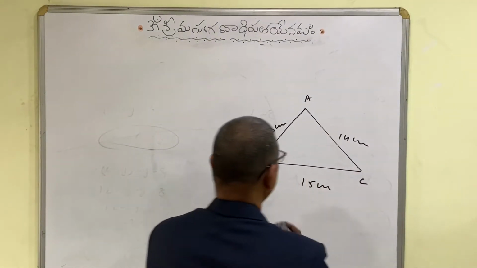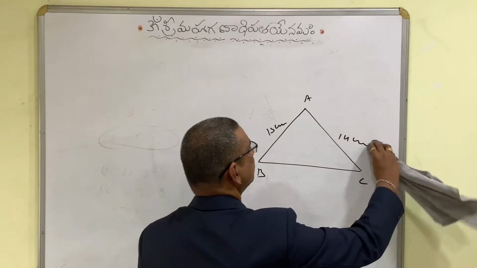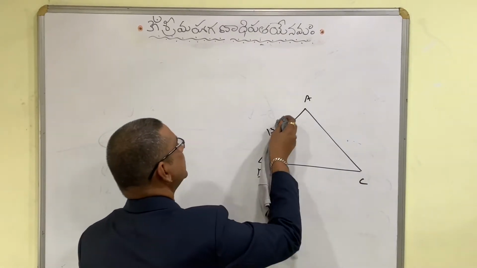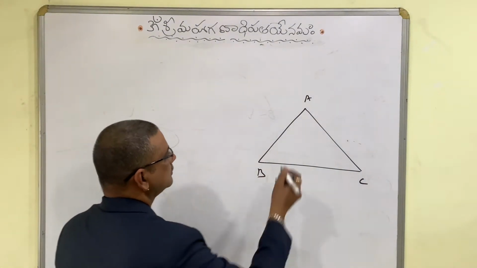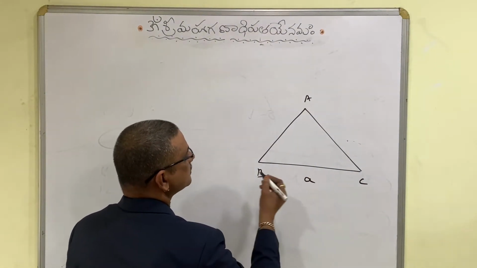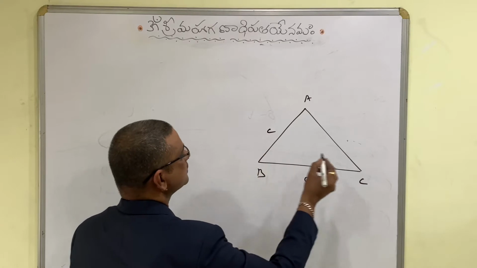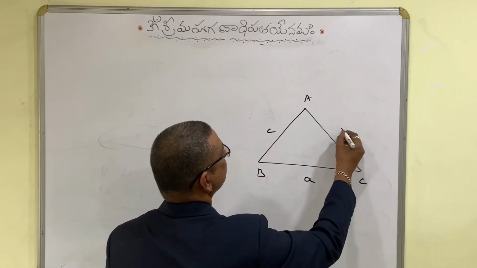Then I told him, let us consider variables in place of values. So BC is A units, AB is C units, and AC is B units.